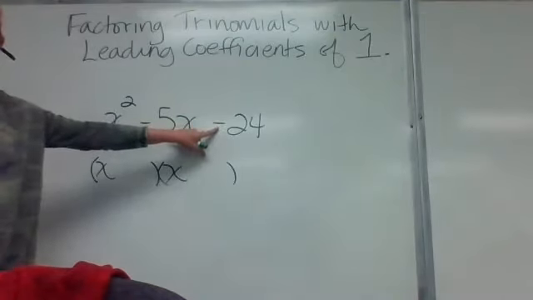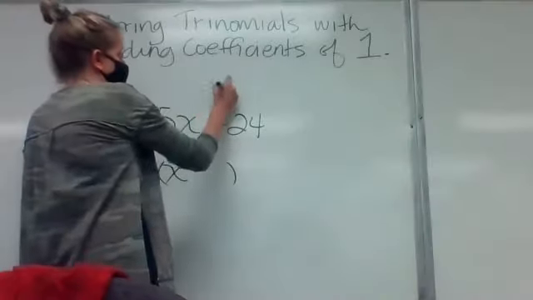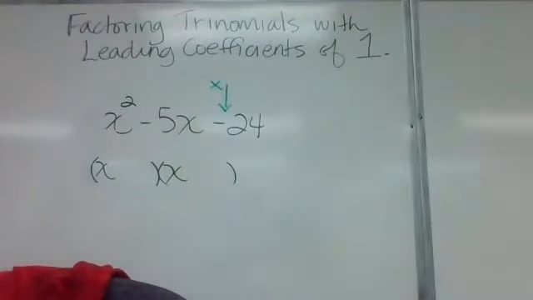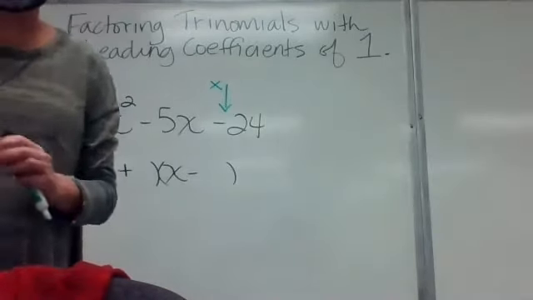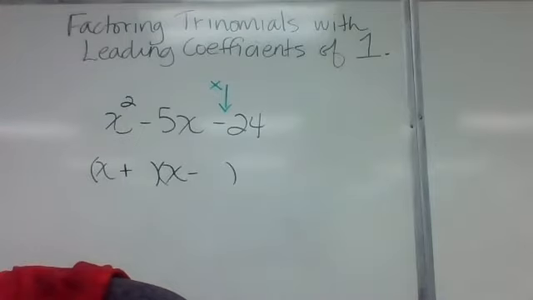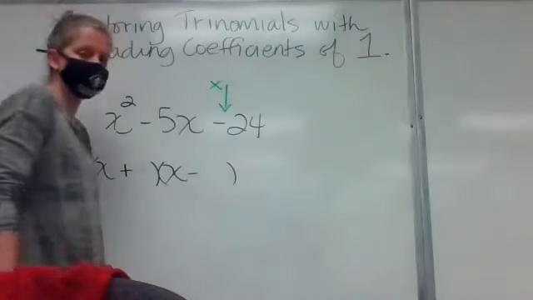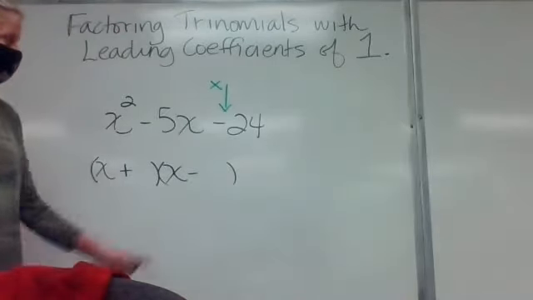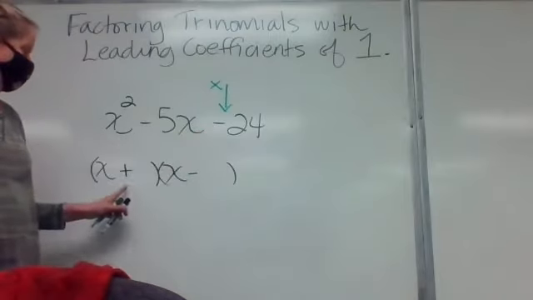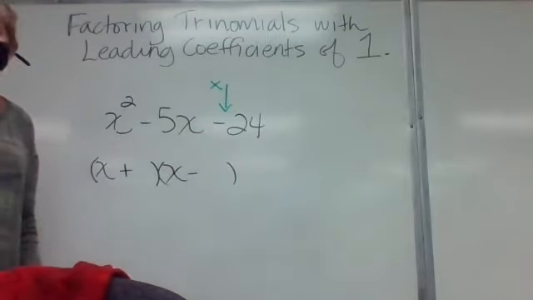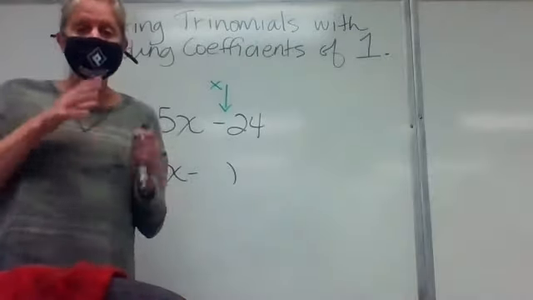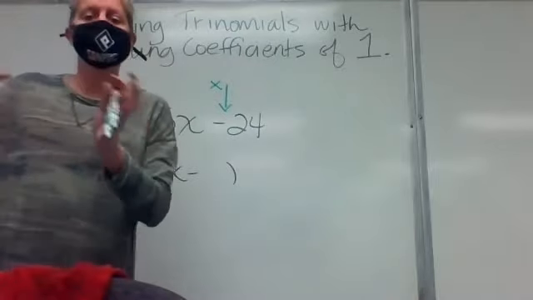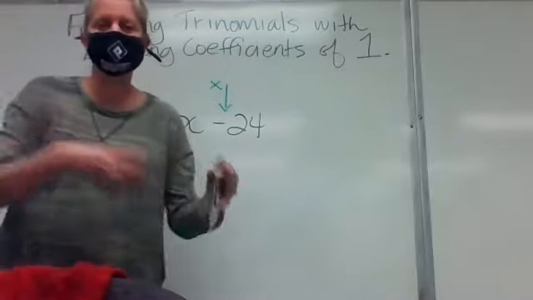If this is a negative, which is telling me that I have to multiply to equal negative 24, I automatically know my signs are going to be different, right? That's the only way you can multiply to equal a negative, is with different signs. I'm going to need a positive number times a negative number. So go ahead and put them in. Remember, it doesn't matter where you put the signs. What matters in a minute is what number you put with each sign.